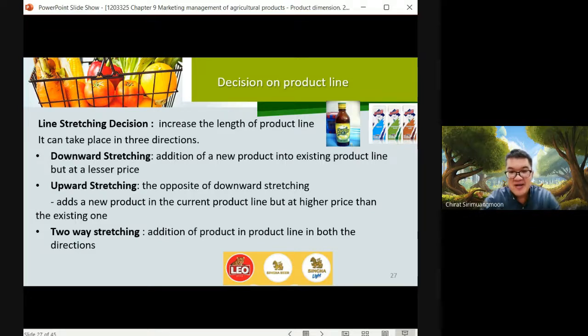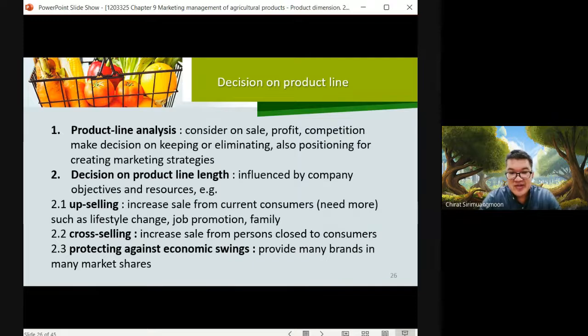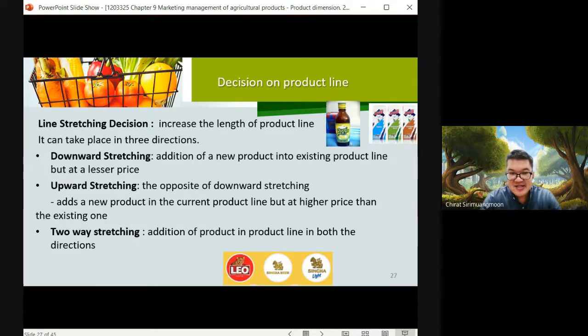So I would say the first one, you think about the purpose, but for the line stretching decision, you focus in three ways. They have the same objective, which is to increase the length, but the action that they use is different.